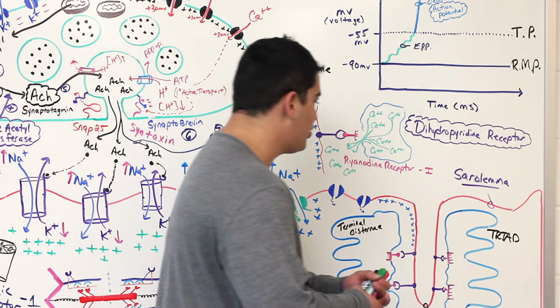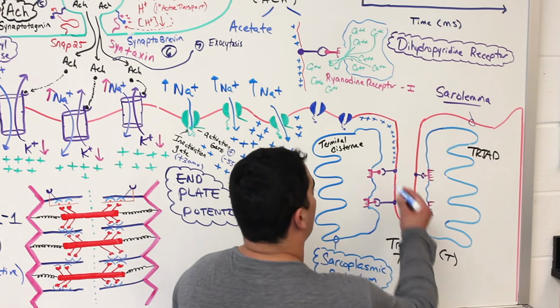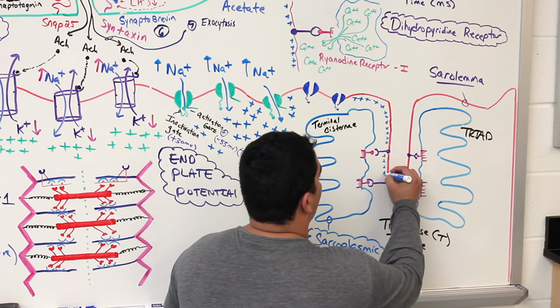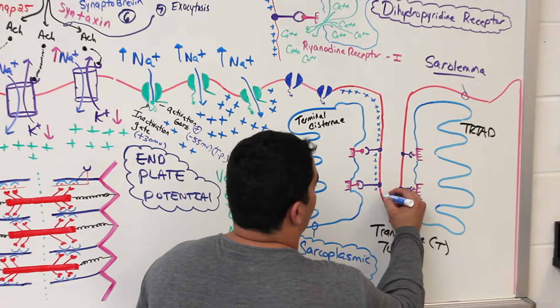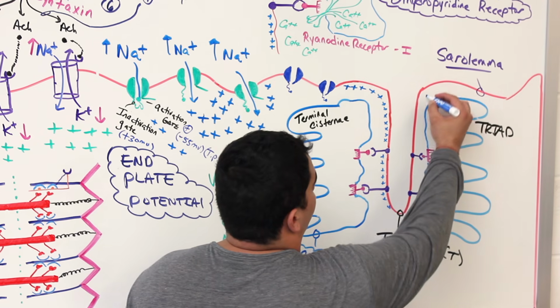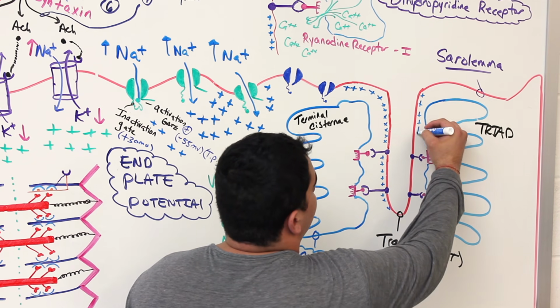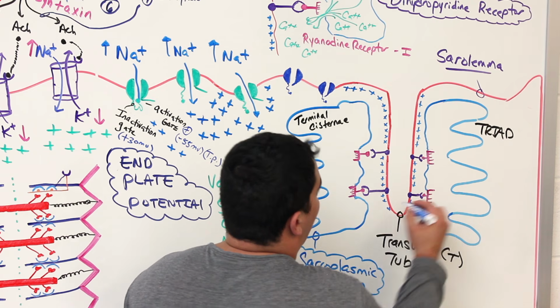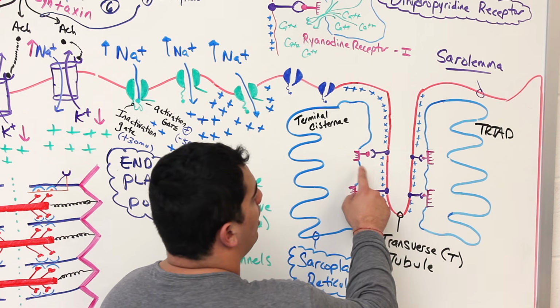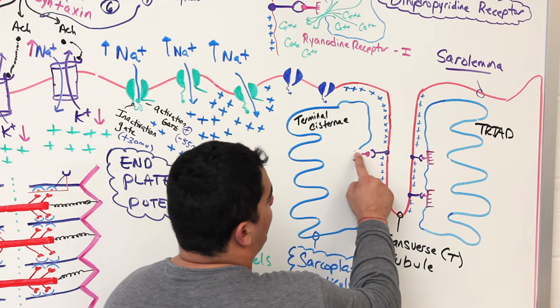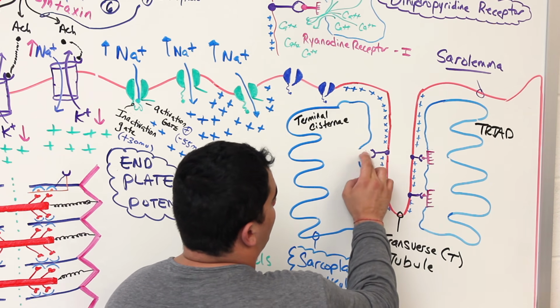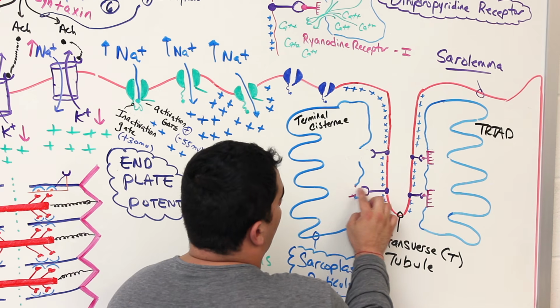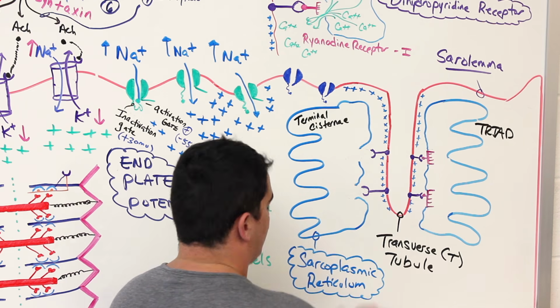So now, let's show that in just a really quick way to review. Positive ions are developing all the way around here. As the positive ions are accumulating all across this T-tubule membrane, which again is just an invagination of the sarcoplasmic reticulum, what happens to these dihydropyridine receptors? They become active. They're mechanically coupled to this ryanodine receptor. And whenever they're coupled to this ryanodine receptor, what does it do?